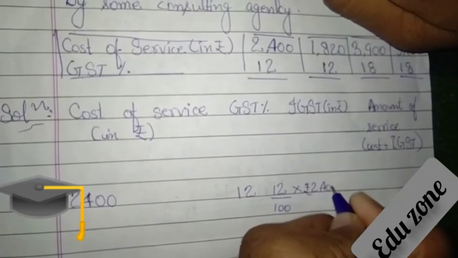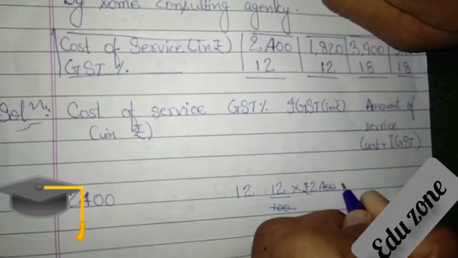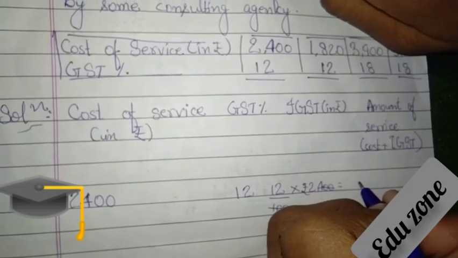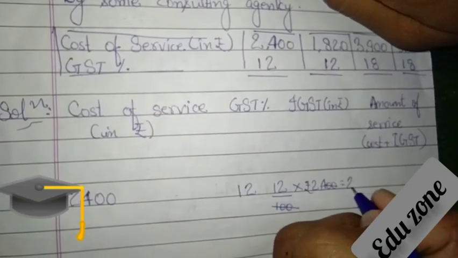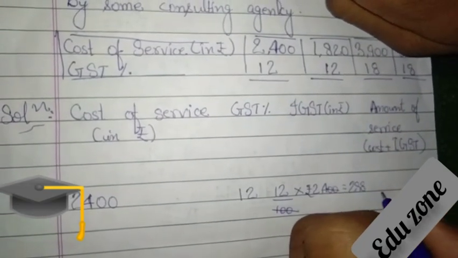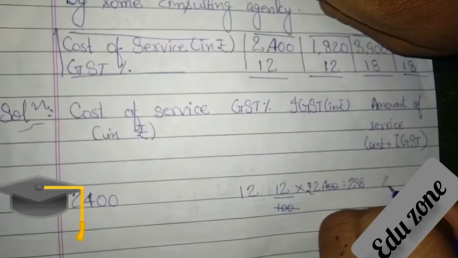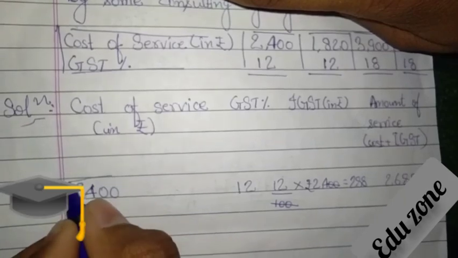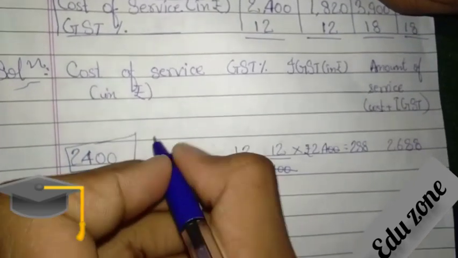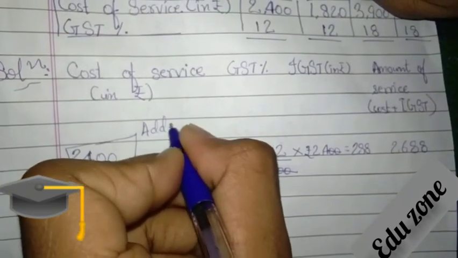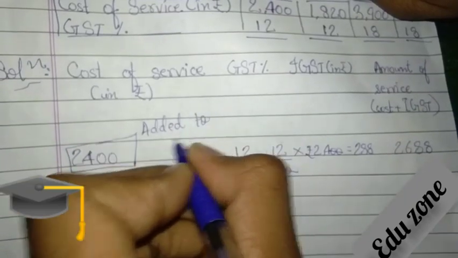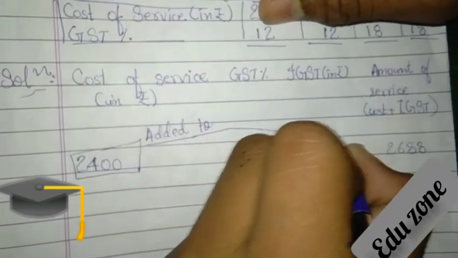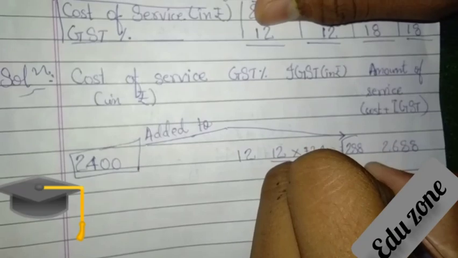So GST percent is 12%, and IGST is equal to what? The rate of the tax, means GST percent. So IGST is equal to GST. Thus, the rate of IGST is also equal to 12%. So IGST is equal to 12% of the discounted value. Sorry, there is no discount. Thus, discounted value is equal to the selling price, isn't it? As you know it.